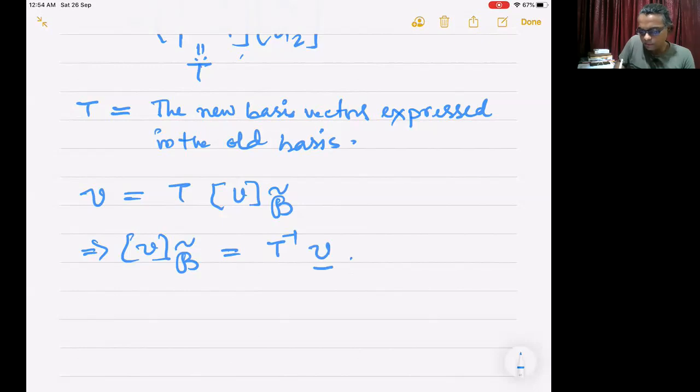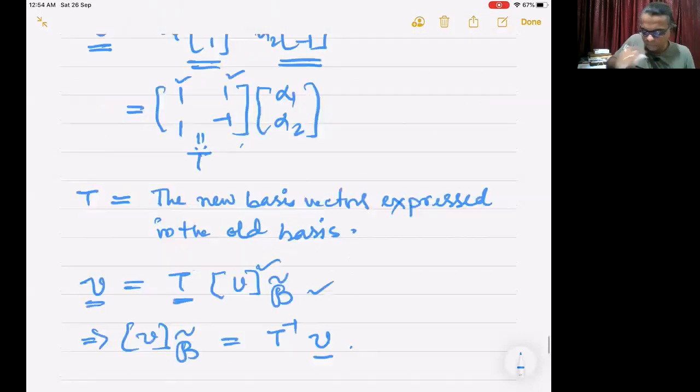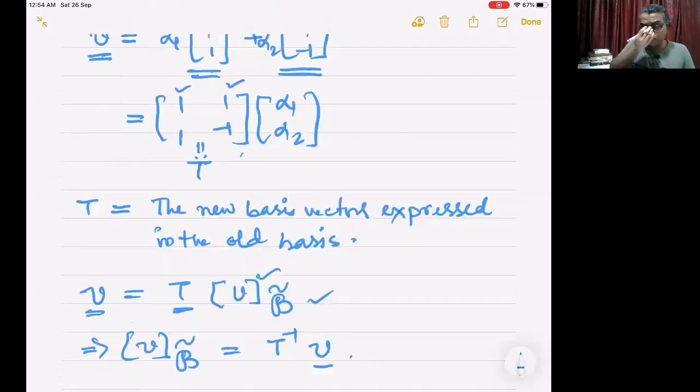So V expressed in the new basis, when multiplied by T, must give me V in the old basis. This just follows from the definition of this representation idea, the coordinate idea. In this case, T happens to be this matrix. Its inverse also we can calculate, but let's not do this at this time.